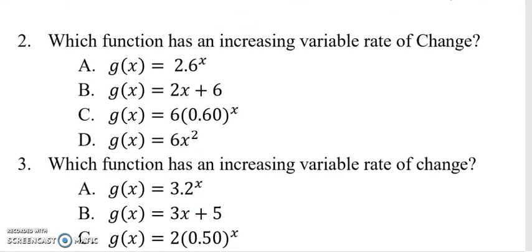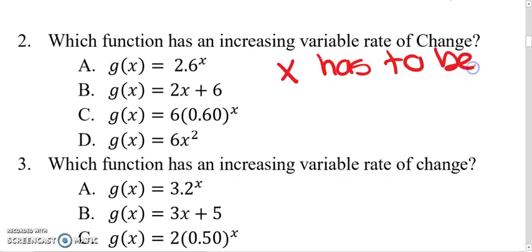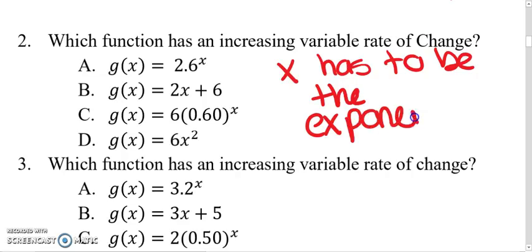For number 2, which function has an increasing variable rate of change? So first off, in order for it to be a variable rate of change, x has to be the exponent. So if we look at every single option, we notice that option B is 2x plus b.